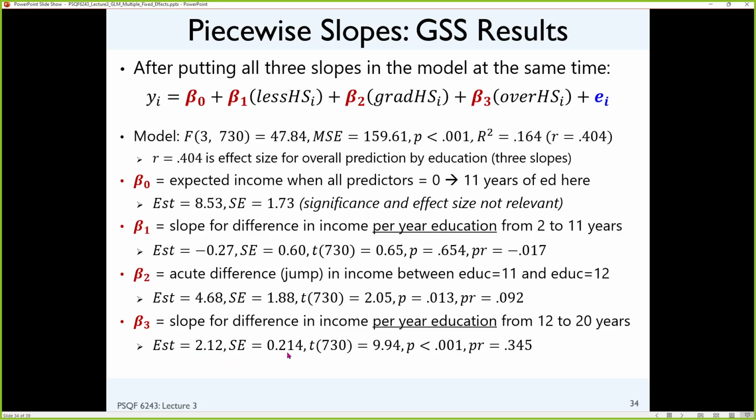Standard error is 0.2, so that t is 10, meaning this slope is 10 standard errors away from the null hypothesis of 0. Very unlikely to be that it came from a population with a slope of 0. And a fairly large effect size, so a correlation of 0.3.